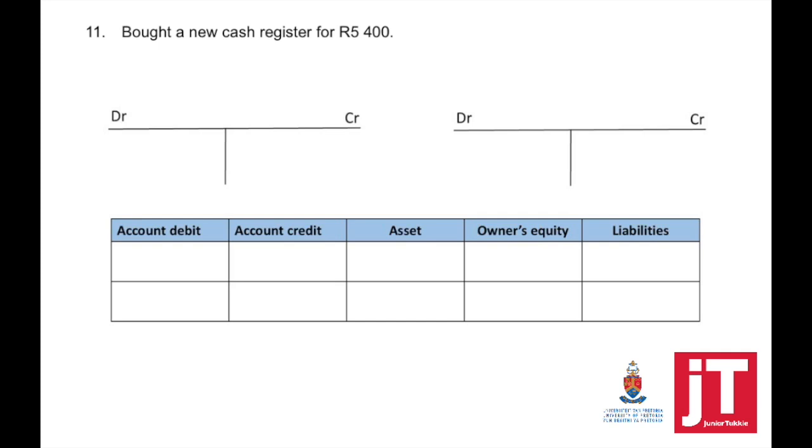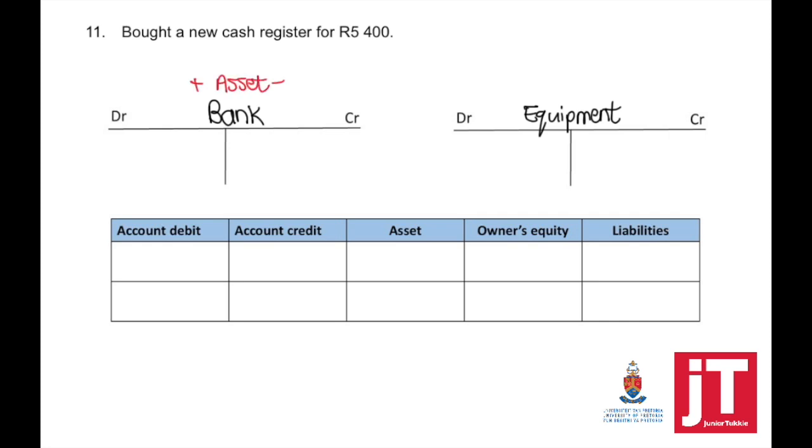Transaction 11, bought a new cash register for 5,400. So the first thing that you need to identify, we bought something, which means bank is involved. What did we purchase? We purchased a cash register. Reminder, a cash register will form part of our equipment, but the money that we put into the cash register will be our cash float, and that is to be able for us to give our customers change.